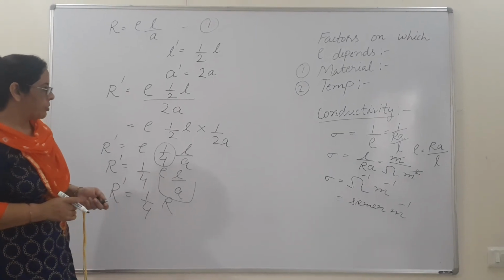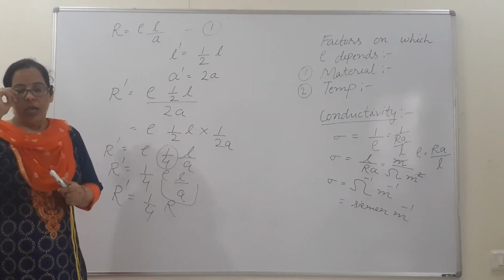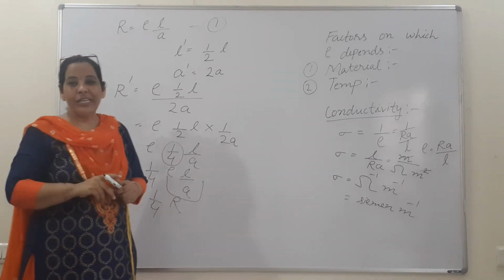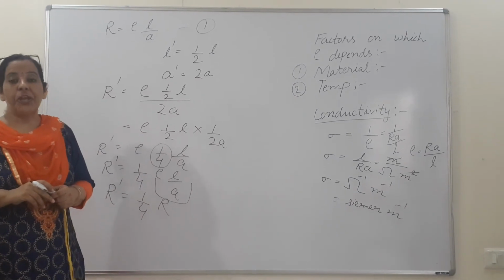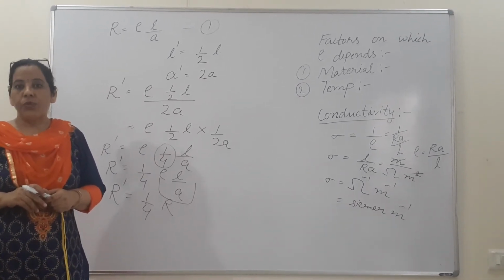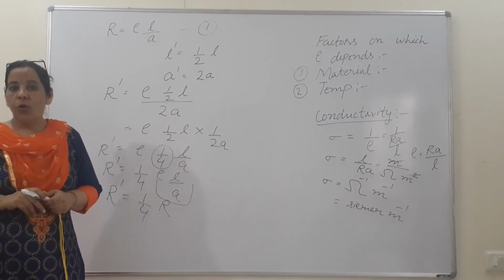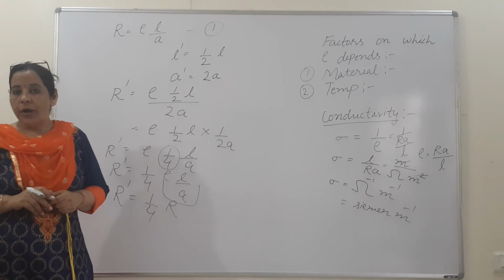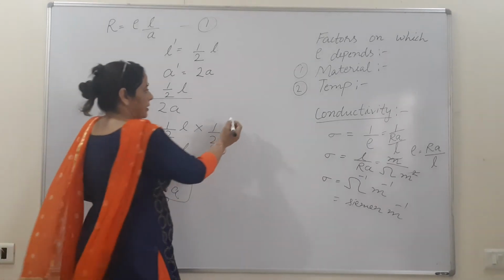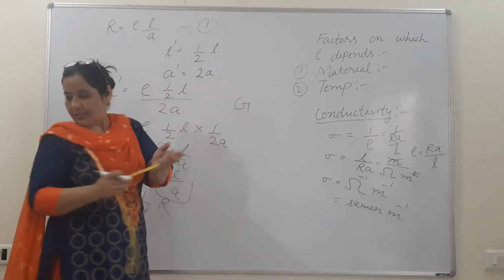Then, children, our next topic is superconductors. What are superconductors? You know Superman. Superman means having extreme power. Superconductor means a material whose resistance is very, very low, almost zero, at a very, very low temperature. Resistance is zero. Then you have G, that was conductance.